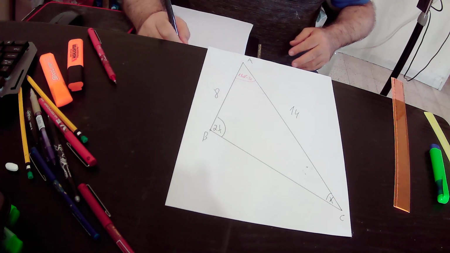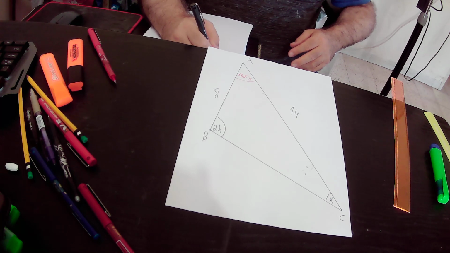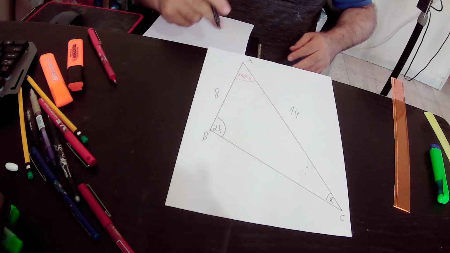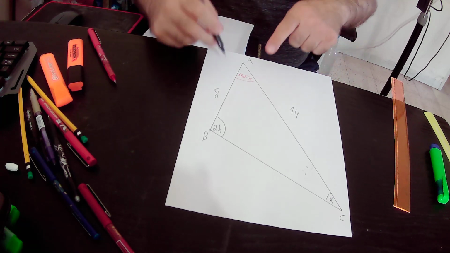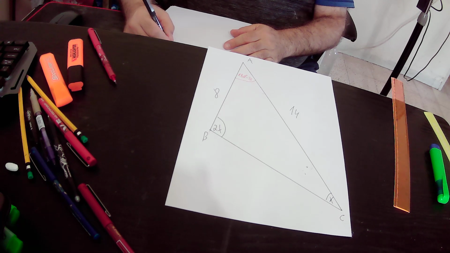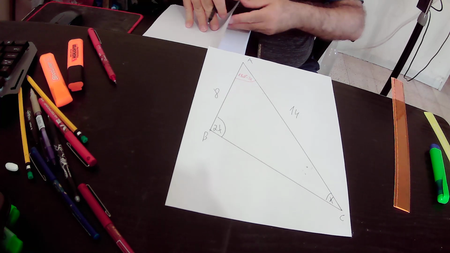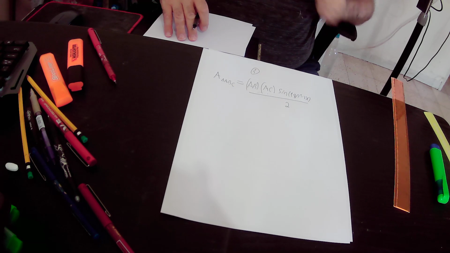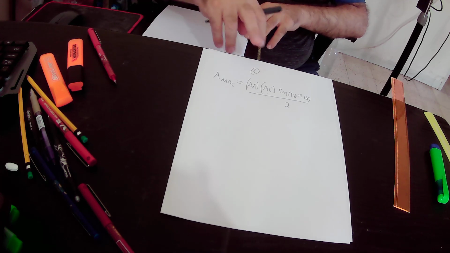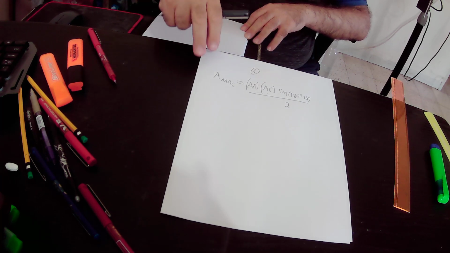So according to the new formula, the area A, the abbreviation for the area of our triangle ABC, will be equal to AB times AC times sine of 180 degrees minus 3x over 2.